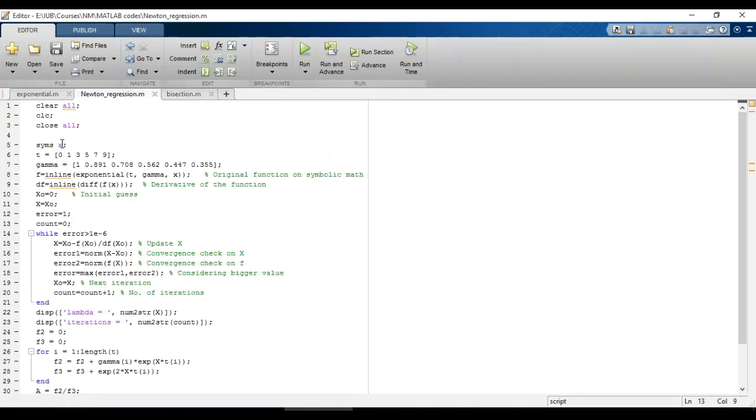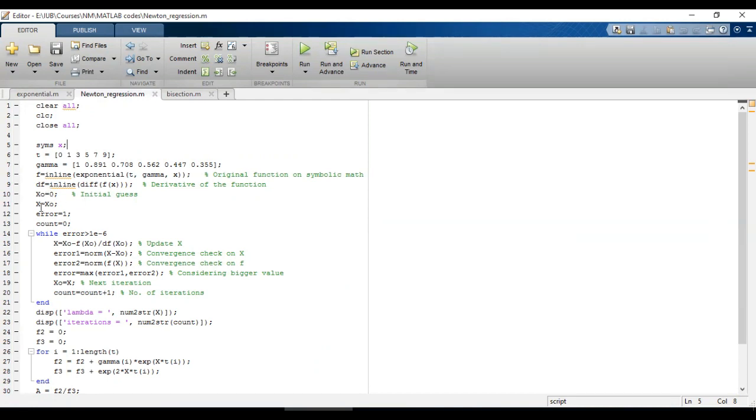So this is our symbolic math toolbox, and x is our unknown here, and these are our time values, these are our gamma values, this is our function, which is built up using this separate exponential m file, and I have to pass these parameters from this exponential m file, and this is the derivative of my function, which will be used in Newton-Raphson iterations.